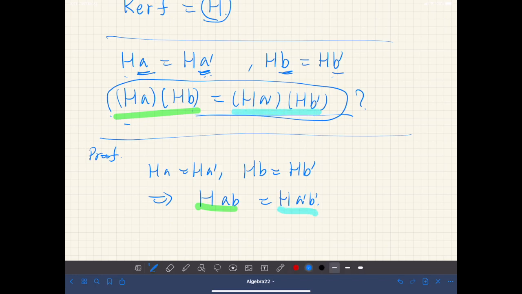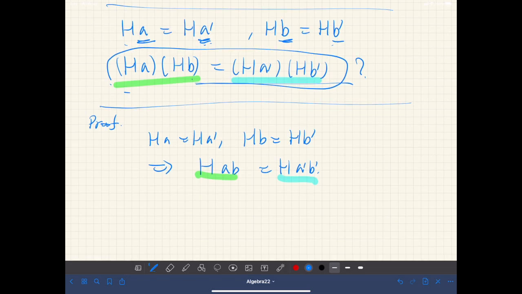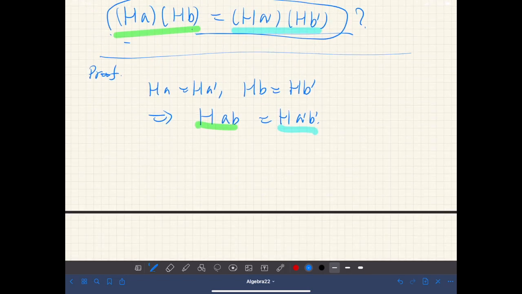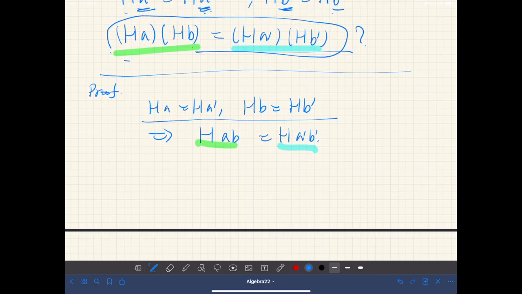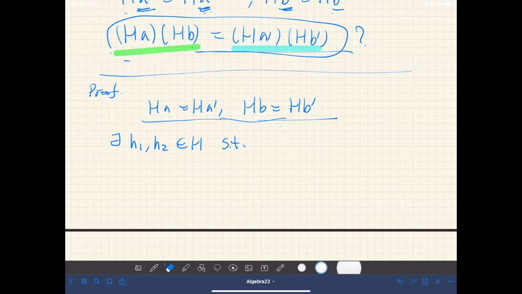If they are equal, then the operation is well defined. To prove this, suppose this. Then this means there exist some elements, let's say H1, H2 in H, such that A prime is equal to H1A and B prime is equal to H2B. That's what this means.